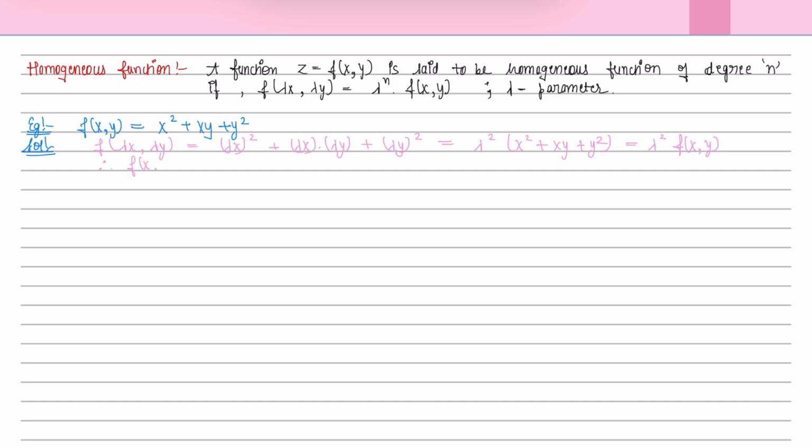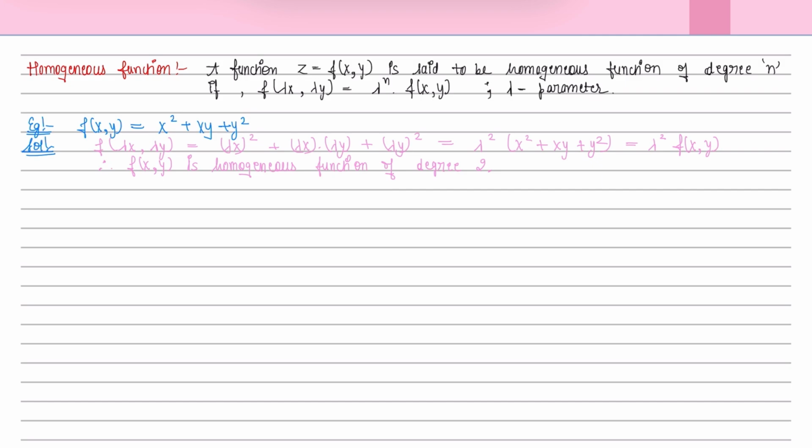Therefore, f of x comma y is a homogeneous function of degree 2.